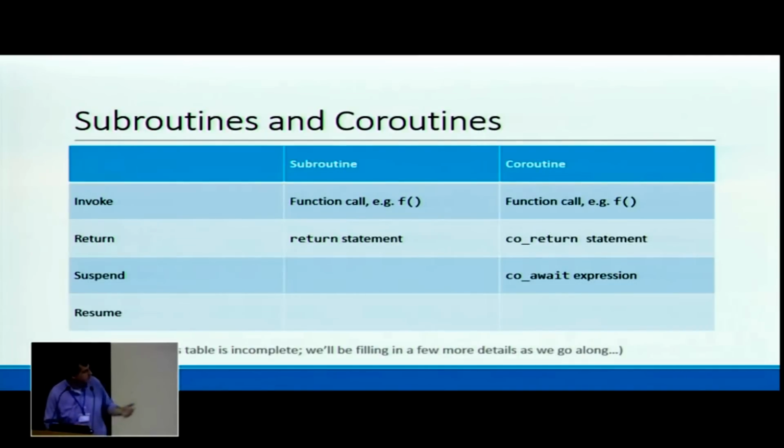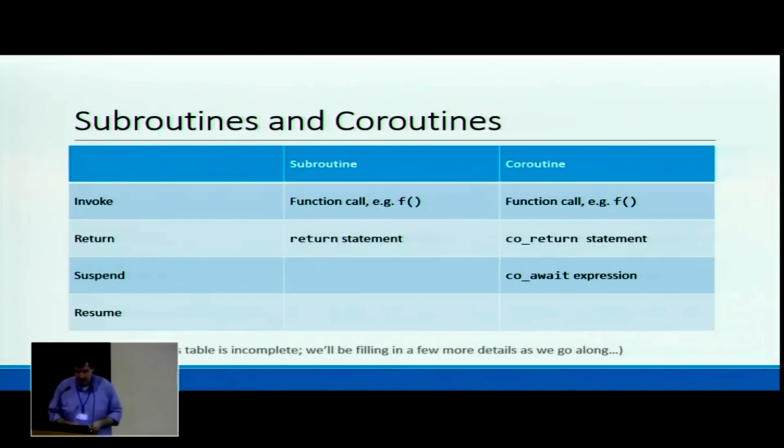It's the same for a coroutine and for a subroutine. We can return from a function using the return statement, and we can return from a coroutine using the co-return statement, and we'll see why that needs to be different. And then to suspend a coroutine, we use that co-await expression, so that's how we suspend execution. And we'll fill in this table a bit more as we go along.